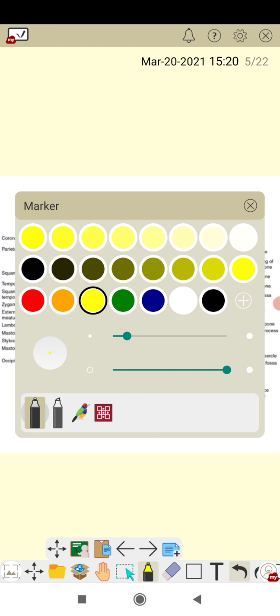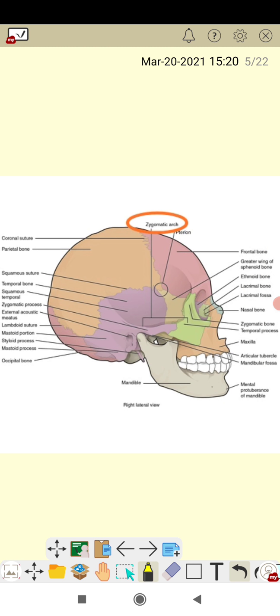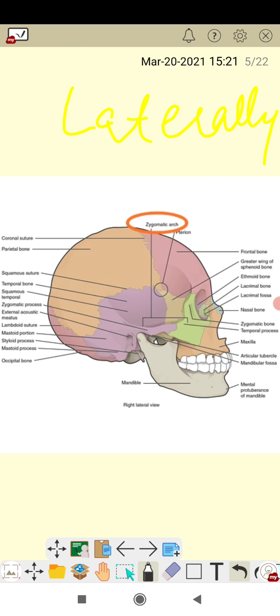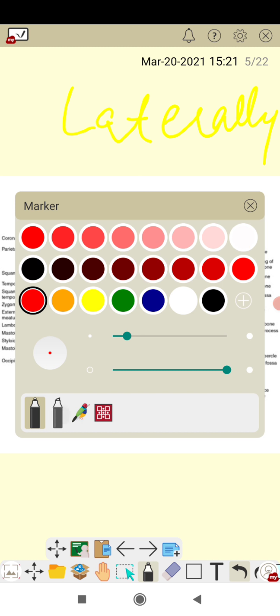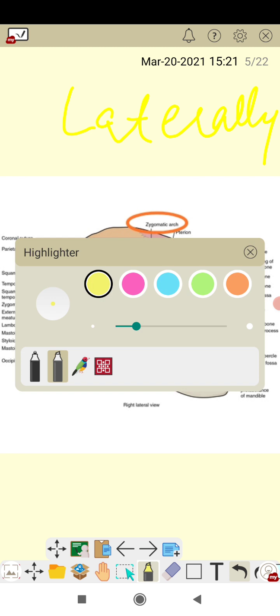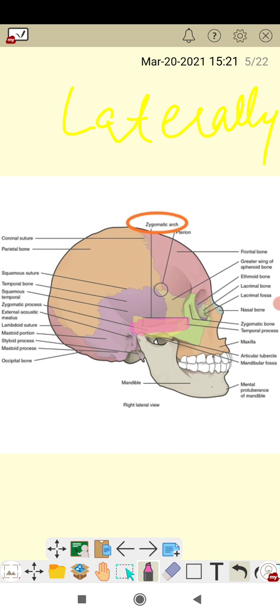Now, laterally, if we see, it extends up to zygomatic arch. This is the zygomatic arch.